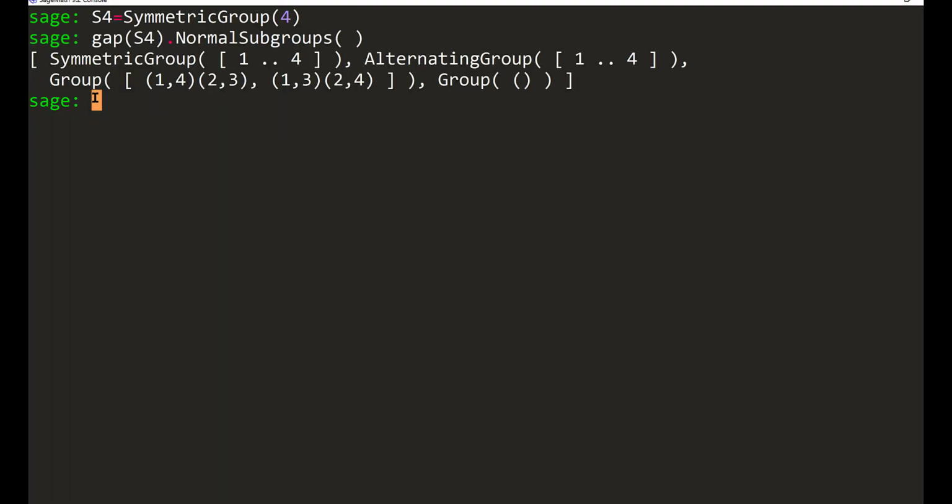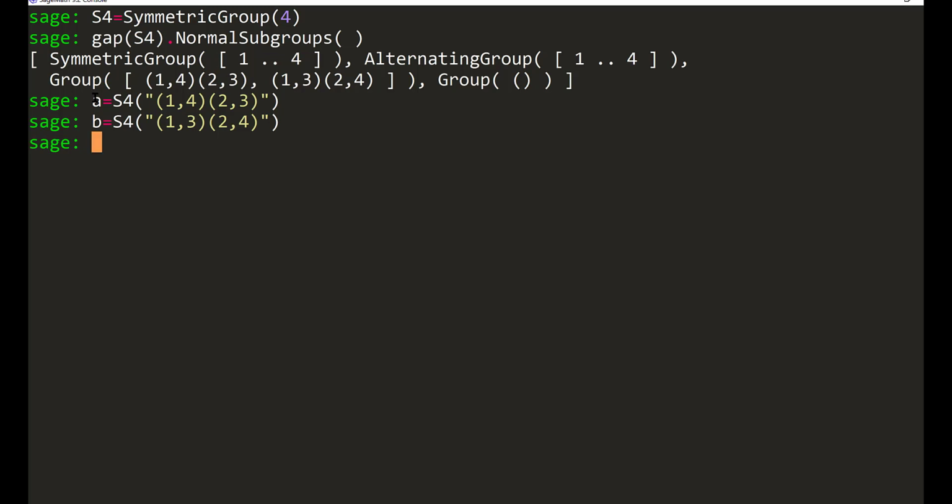Okay, so let's take an element of S4. So we got (1 4)(2 3), two disjoint cycles. This is how we defined A. Let's define B by defining the other element (1 3)(2 4), a product of disjoint transpositions.